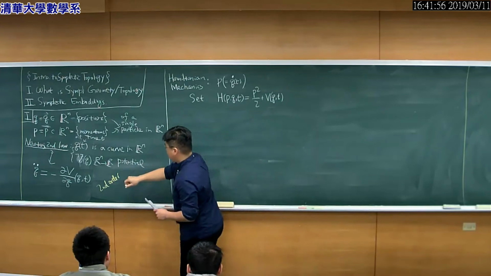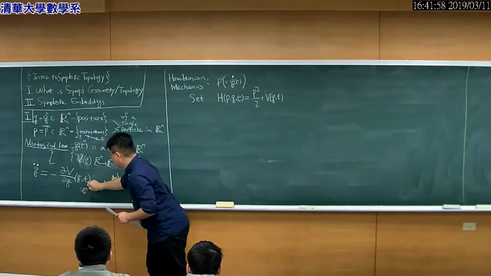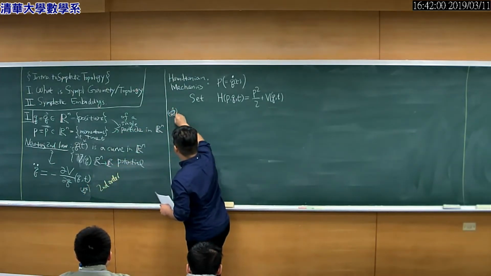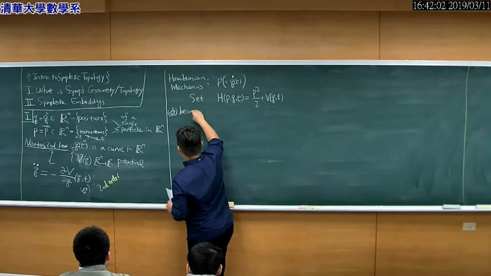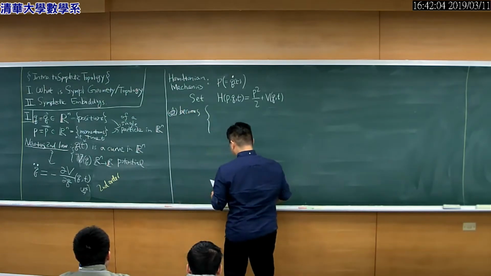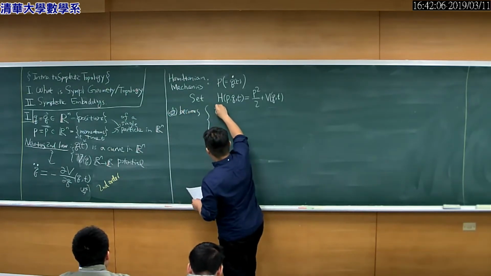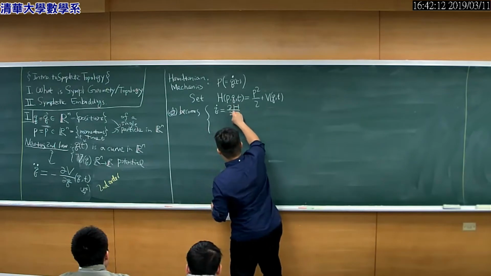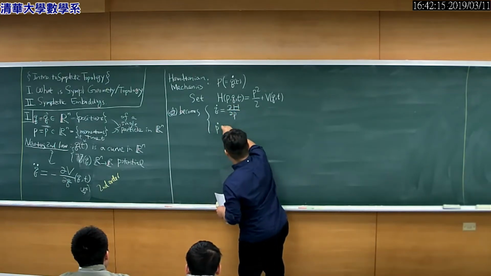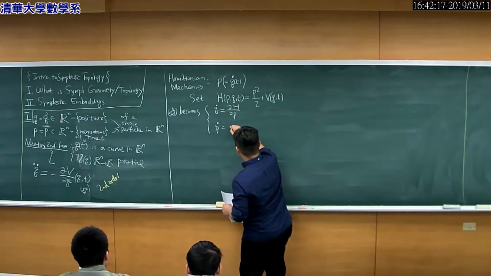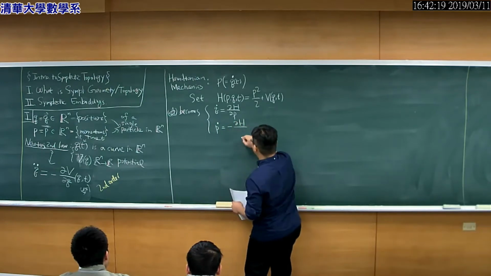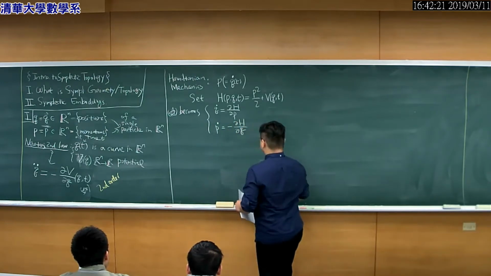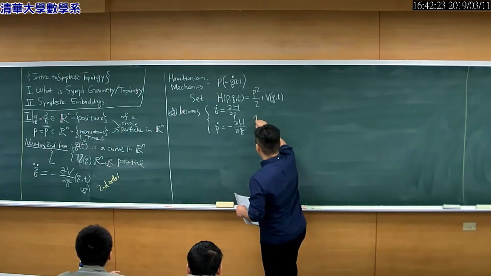Then the equation becomes this: first q dot equals partial H partial p, and p dot is negative partial H partial q. And it's a first order equation.